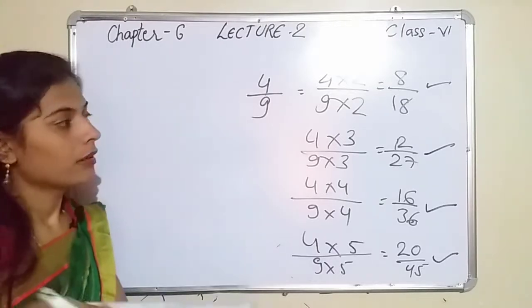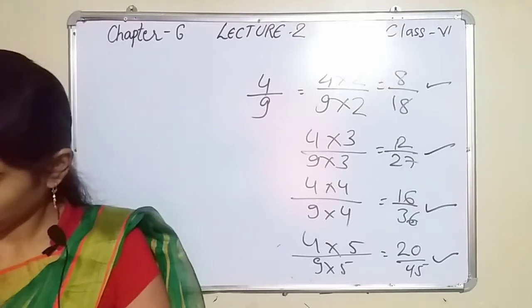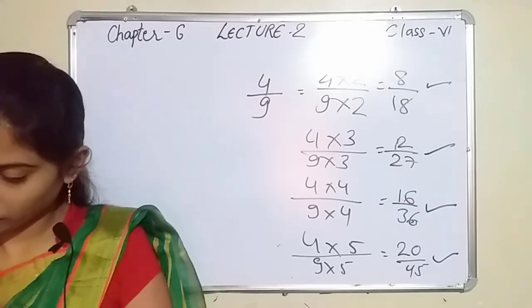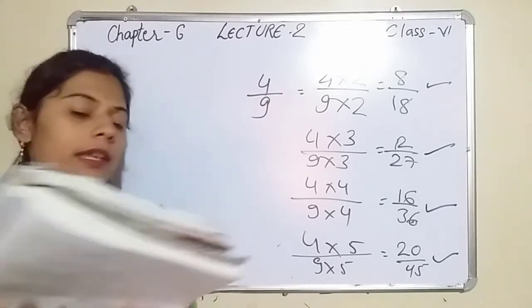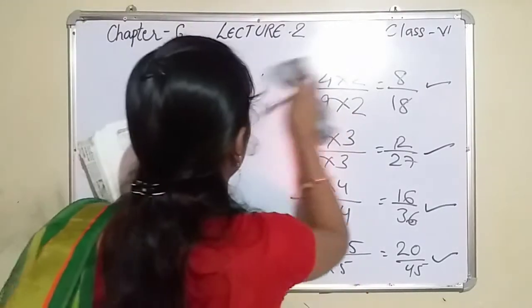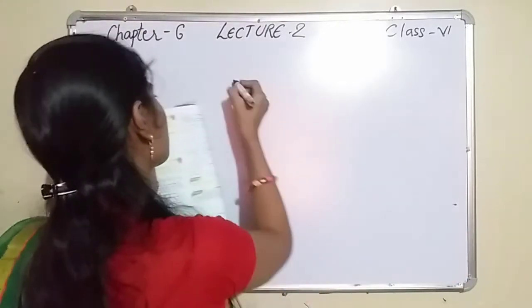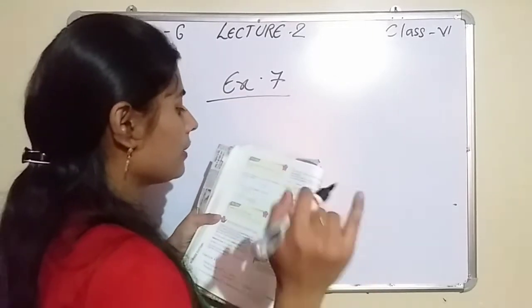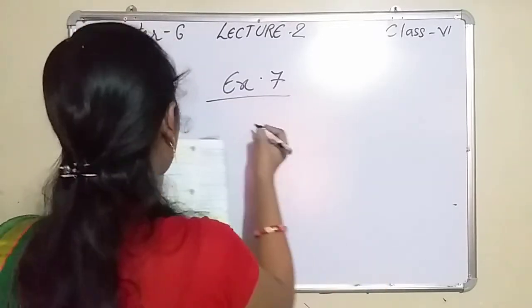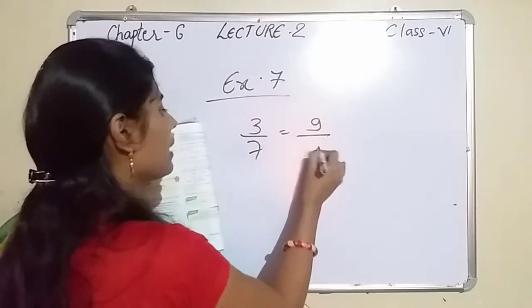Now see, example number 7. Replace star in each of the following by the correct number. See, 3 by 7 is equal to 9 by star is given here.